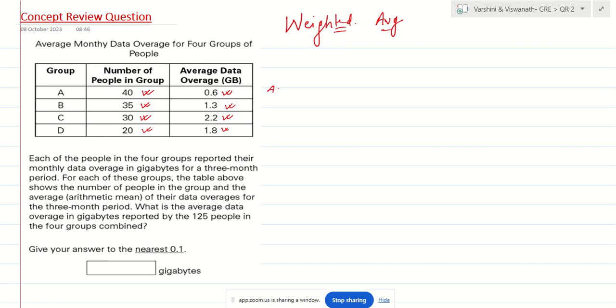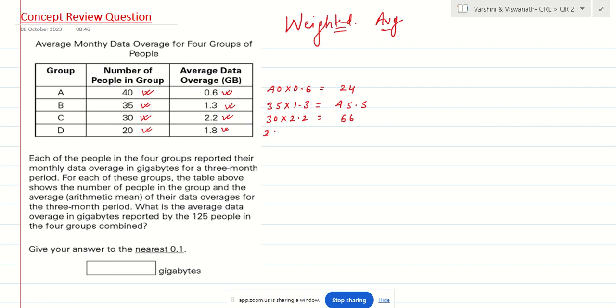So 40 into 0.6. How much will we get? 24. Good. Summation 2 I can find out here. 35 into 1.3. How much? 45.5. Good. 30 into 2.2. 66.